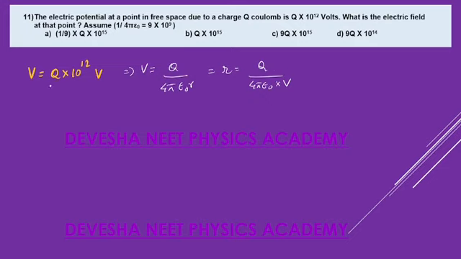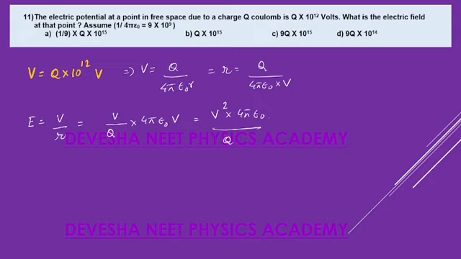Now we saw in the previous problem that E is equal to v by r. So r is q into 4 pi epsilon 0 into v, and this becomes equal to v square into 4 pi epsilon 0 upon q.